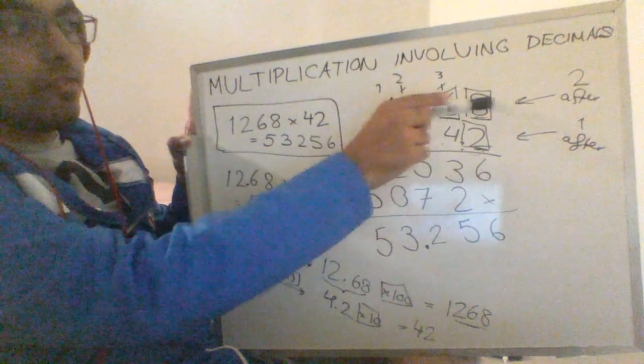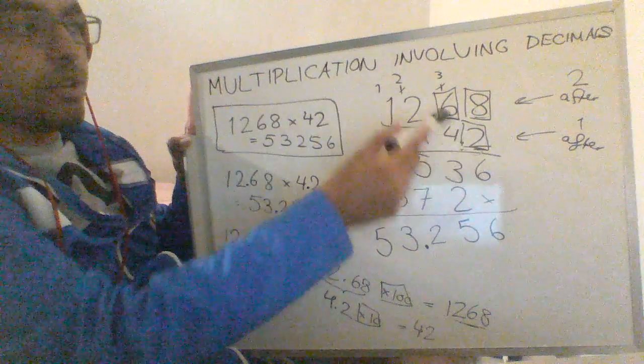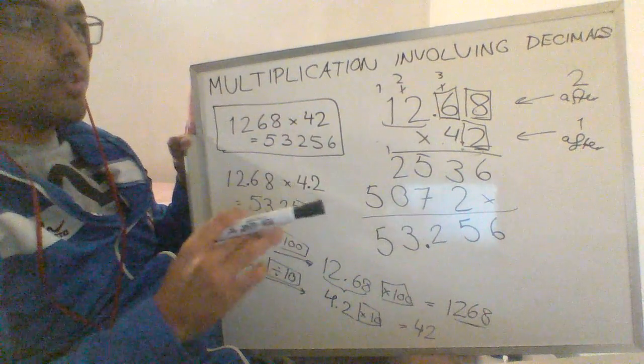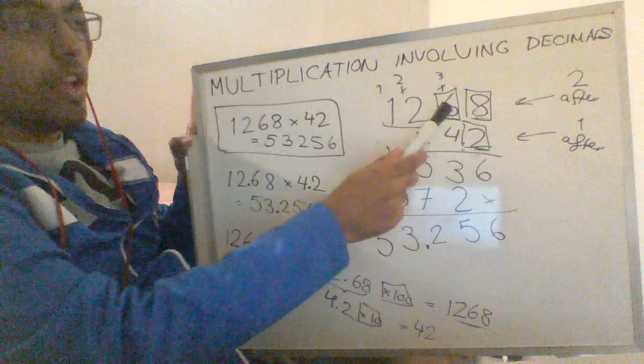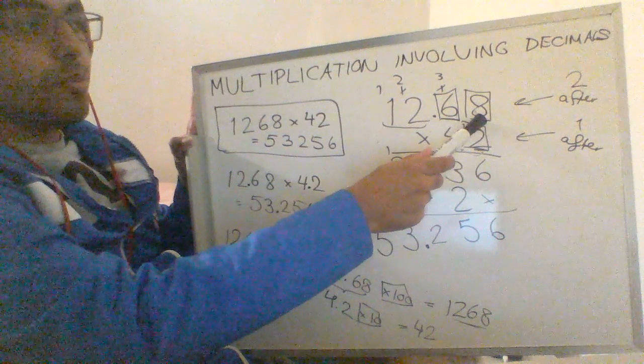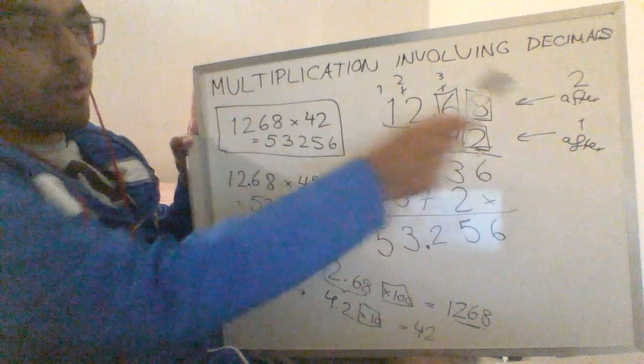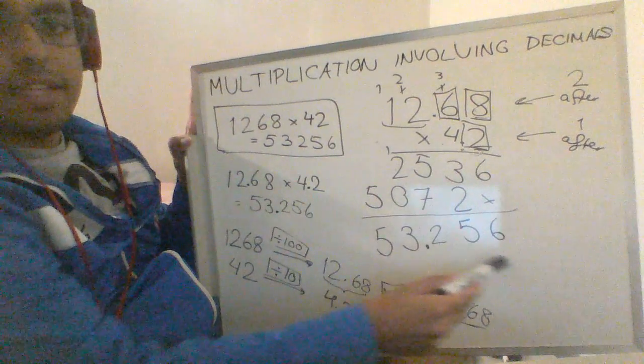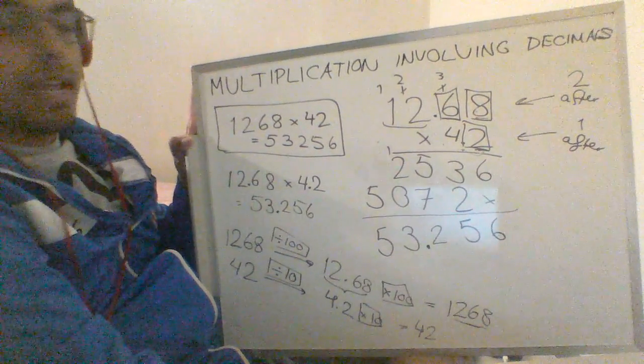So don't just count the first one, and don't just count the second one. Count them in total, put circles around them, put boxes around them, whatever helps you, and then just count, okay, I have 1, 2 behind the decimal point there, I have 1 more there, so I have 3 behind the decimal point in total, so I should have 3 behind the decimal point in my answer.